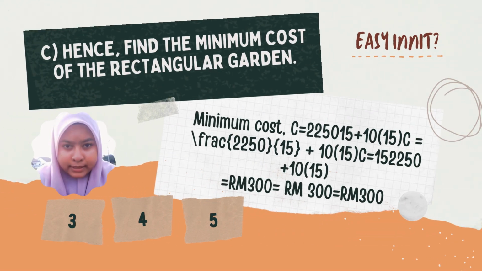Okay, now we go to question C. Hence, find the minimum cost of the rectangular garden. First, we find the minimum cost C equals 2250 over 15 plus 10 multiply 15.